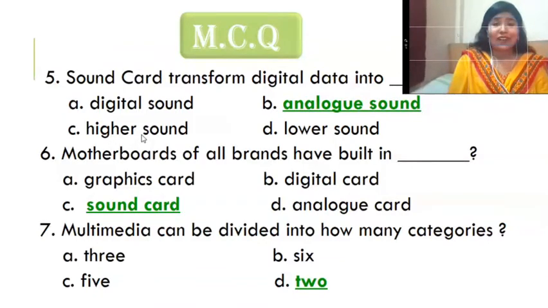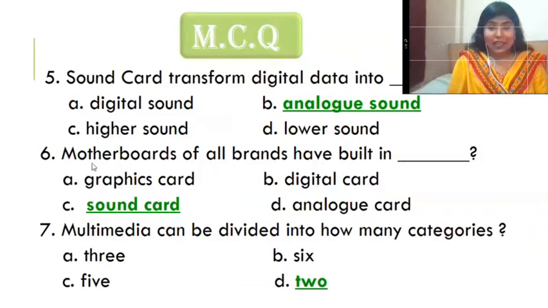There is nothing called higher sound and nothing as lower sound. So it should be analog sound, digital data into analog sound, because here we have asked for the transformation. So here the sound card transforms digital data into analog sound.